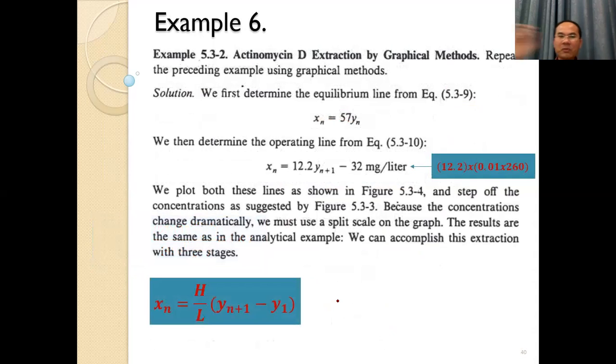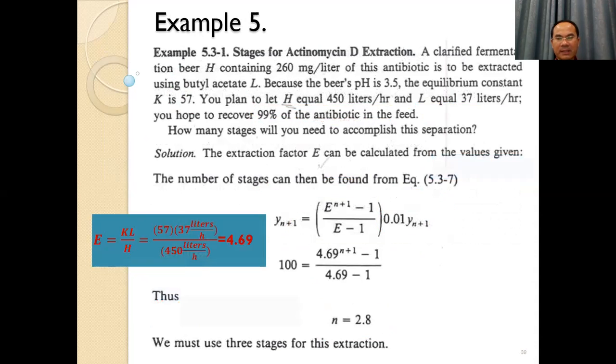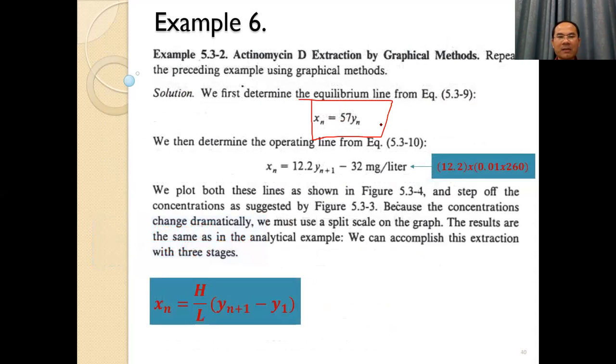And also we use the same problem, but we need to calculate by the graphical method. For this case, the equilibrium relationship is xn equal to 57 yn, because the K value is 57. And also we can determine the operating line.